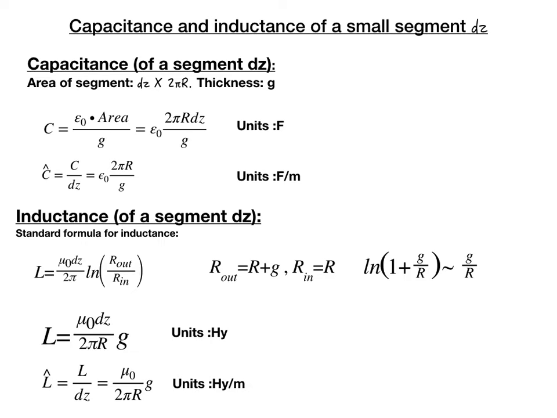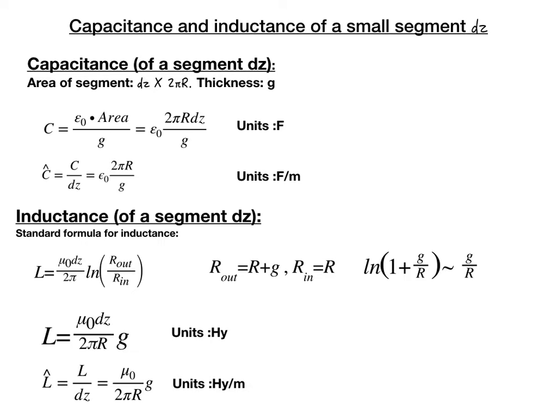The ln, of course, is the natural logarithm, and you can approximate the natural log for a number that's close to 1, 1 plus a small value: the log of that number is the added value. So in our case, g is much smaller than r, so we can use this approximation and approximate the natural log of 1 plus g over r by g over r.